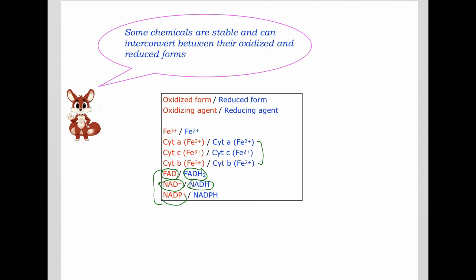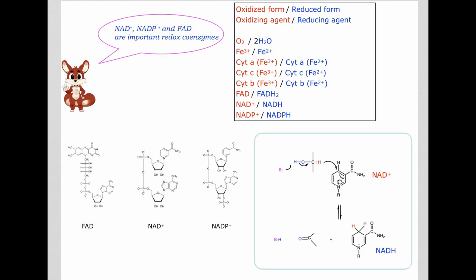And a very similar chemical to NAD is NADP, that's the oxidized form, and NADPH is the reduced form. These chemicals, NAD, NADP, and FAD, are very important redox coenzymes. So they are coenzymes, so they help enzymes catalyze certain reactions.